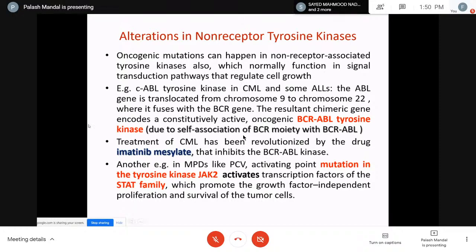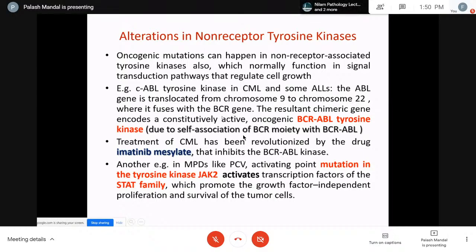The example is the ABL tyrosine kinase in chronic myeloid leukemia and some acute lymphoblastic leukemias. The ABL gene is translocated from chromosome 9 to chromosome 22, where it fuses with the BCR gene.